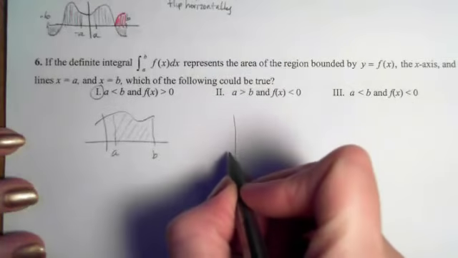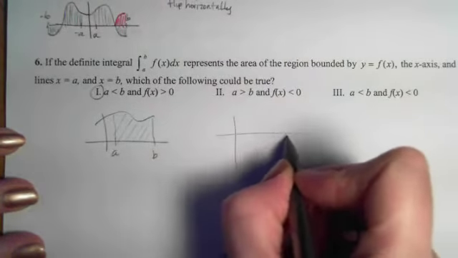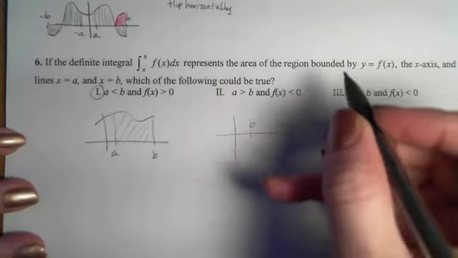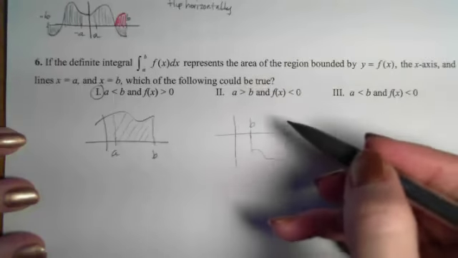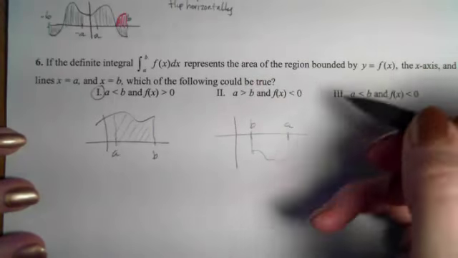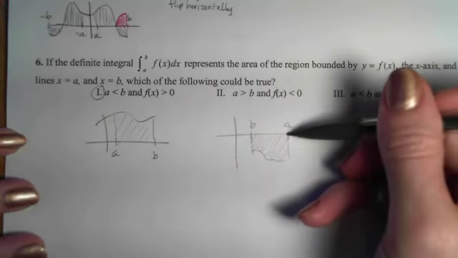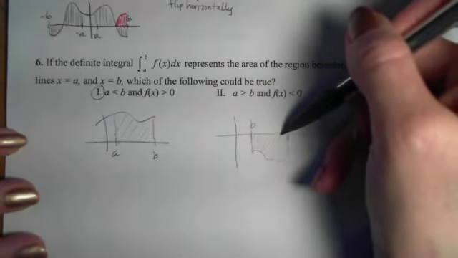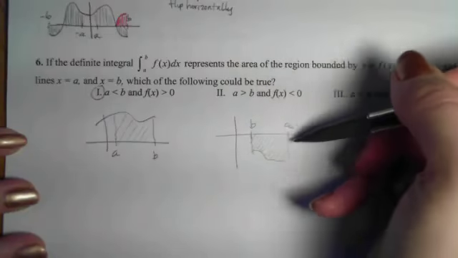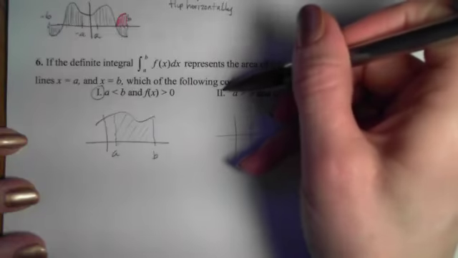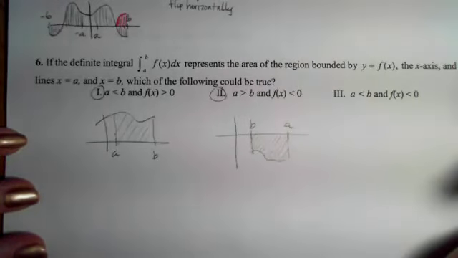This one says a is greater than b, so a is to the right of b, and f is negative. So if I accumulate from a to b, I'm going backwards on a negative, so I'd have negative delta x's times negative f of x's. That accumulation would be a positive number, and that positive number would be the area, so that works.